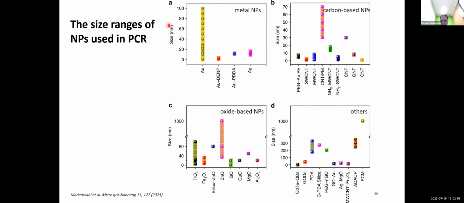Here you can see that number for different materials. For example, for Au, which is very, very popular, we have this wide range of different publications. And for different carbon-based nanoparticles, we have these ranges, right? For example, here you can see different shapes of carbon nanoparticles, right?